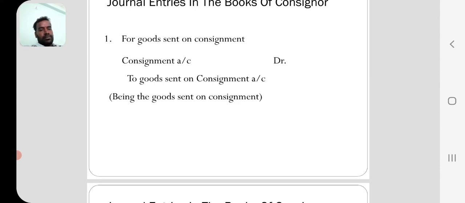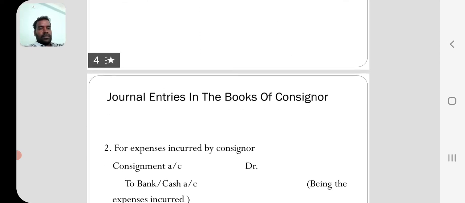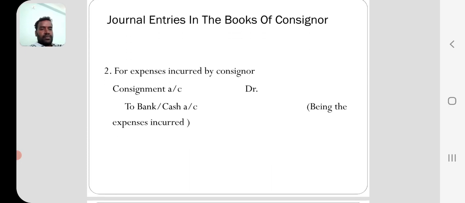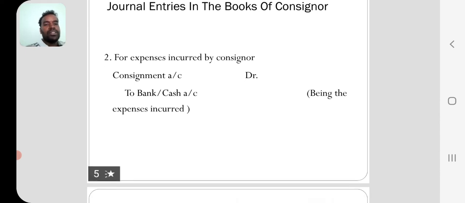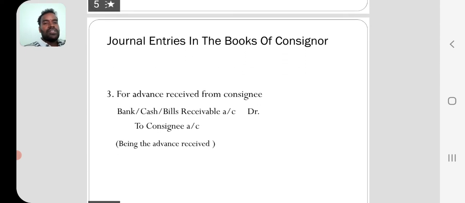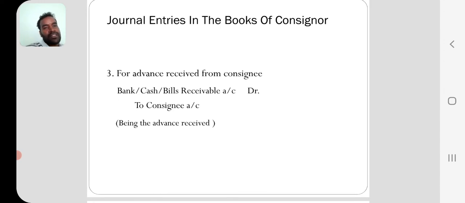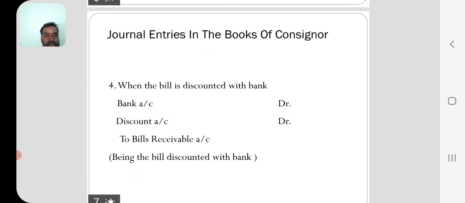Journal entries in the books of the consignor for expenses incurred by the consignor: Consignment account debit to bank account, being expenses incurred. Journal entries in the books of the consignor for advance received from the consignee: cash, bank, bills receivable, etc. debit to consignee account, being the advance amount received.